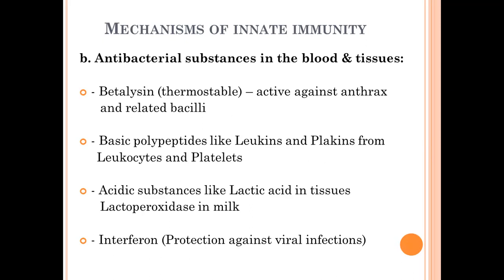Then you have leukins and plakins from the leukocytes and platelets, acidic substances like lactic acid in the tissues, lactoperoxidase in the milk, or interferons. And these all will be present inside the blood or the tissues, and they contribute to the innate immunity.